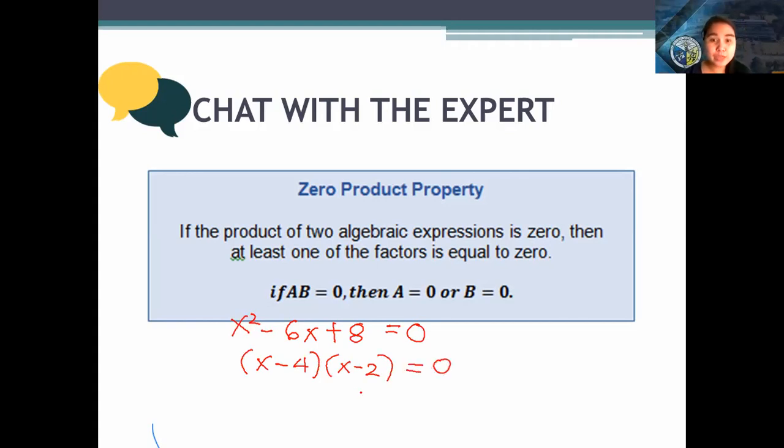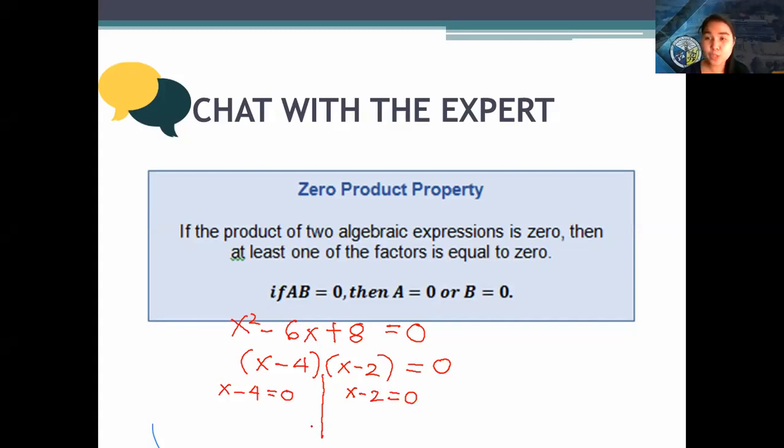Now, what will I do next? Actually, you can draw a bar between the factors. The first factor, x minus 4, you equate to 0. The next factor, x minus 2, you also equate to 0. That is what the zero product property tells us.